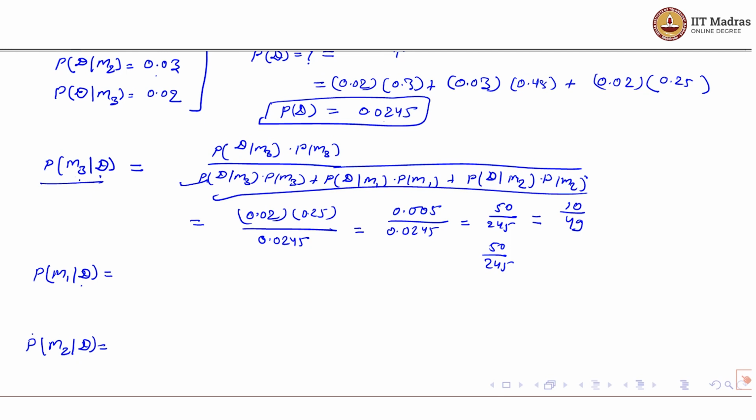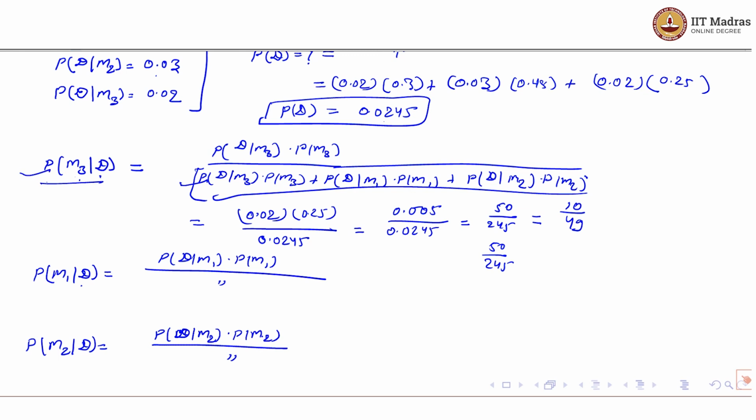If we look at the formulas, it is P of D given M1 into probability of M1, and the denominator will be the same as this term. For the other it will be probability of D given M2 into probability of M2, and the denominator will be the same for all three formulas.